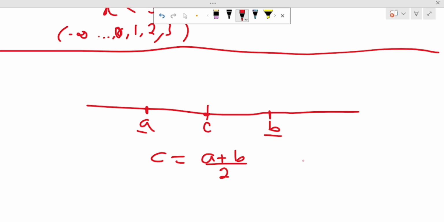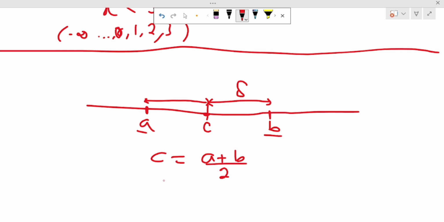It will be equal because C divides A and B into 2, and so the distance from A to C should be equal to the distance from C to B, right? And we name that delta. Let's name that delta, and delta is the radius of the interval, right?